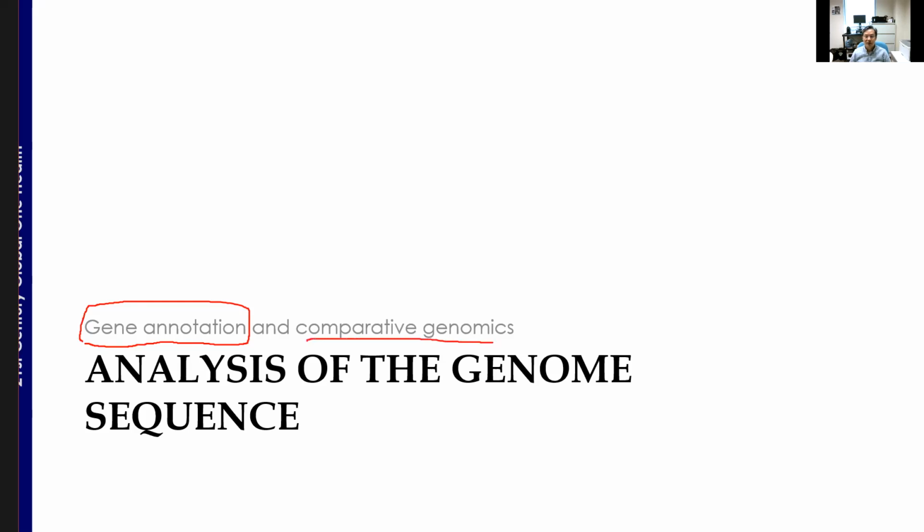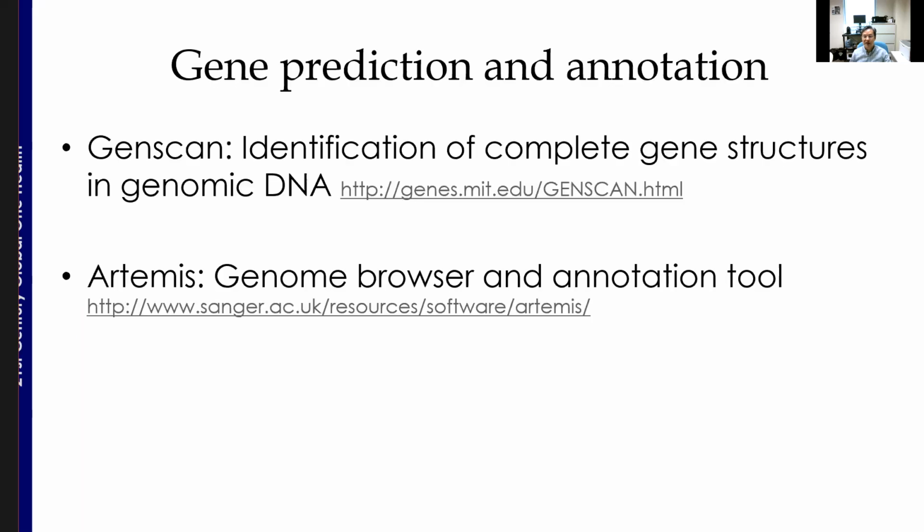And then you want to do some comparative genomics analysis to compare your species against other species, or to reconstruct the evolutionary relationship, the genetic distance between species or between genes, and to understand your species and transfer some of the knowledge from other model organisms to your unknown species.